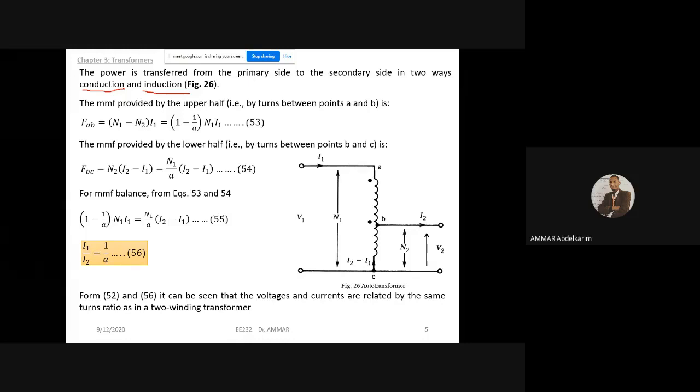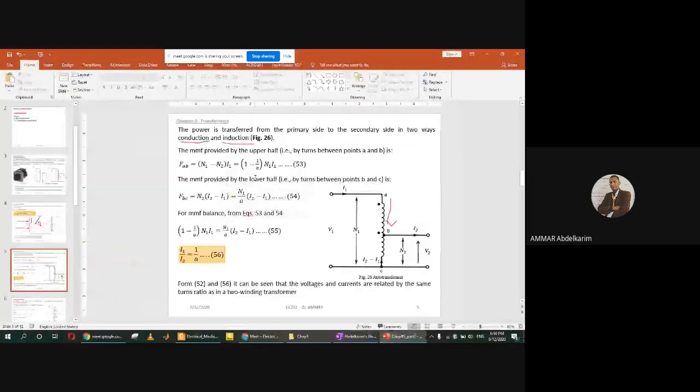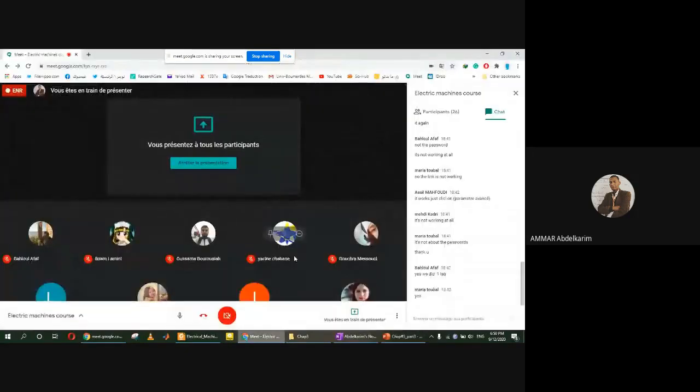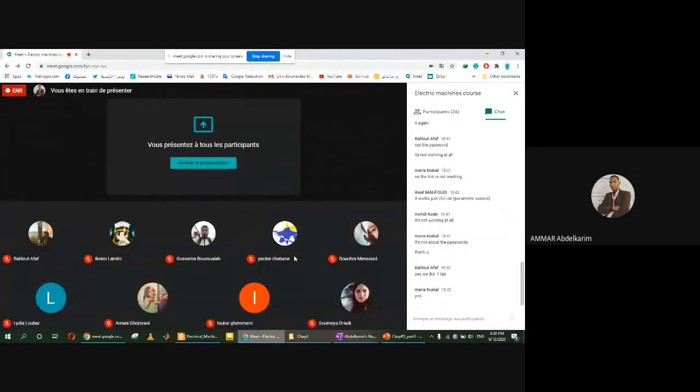Induction means the voltage will be created according to Faraday's law. And by conduction, because we have a current, this current of the primary will pass also here to get to the secondary. So here the power will be transferred in two ways, at the same time, by induction and by conduction. Is this point clear?